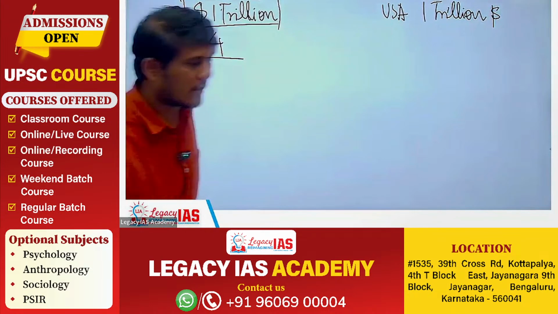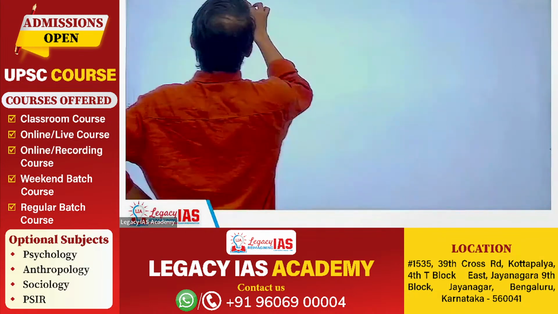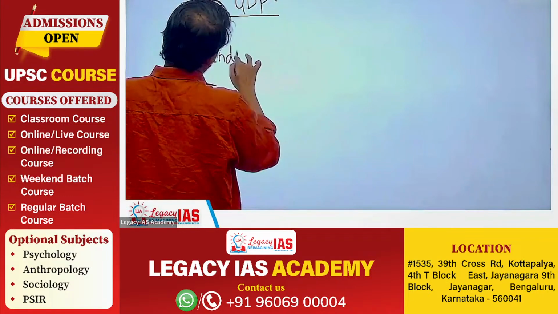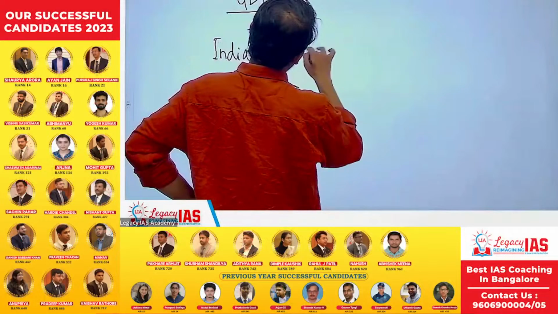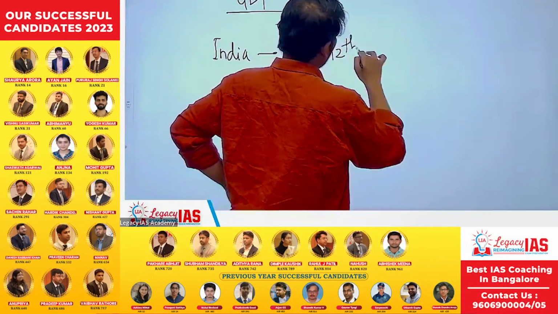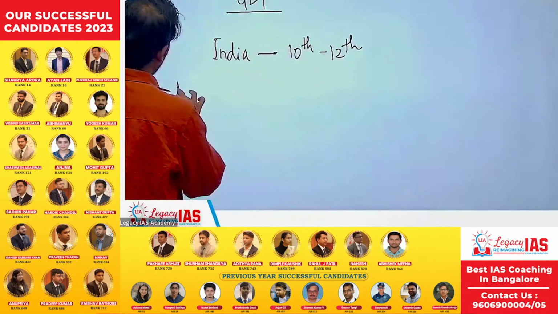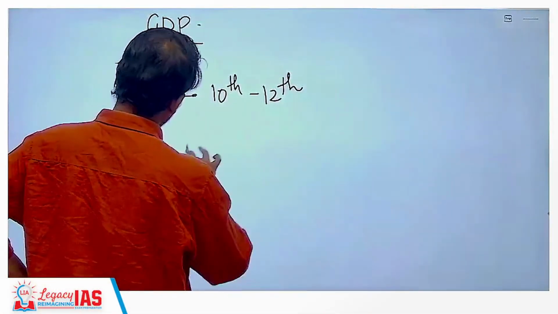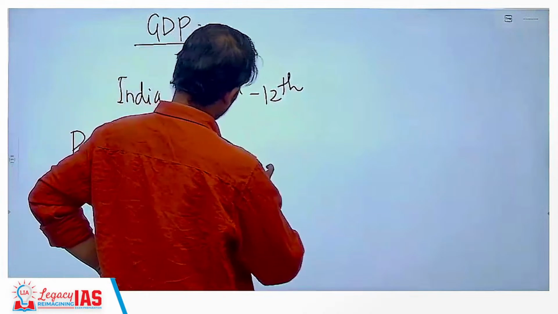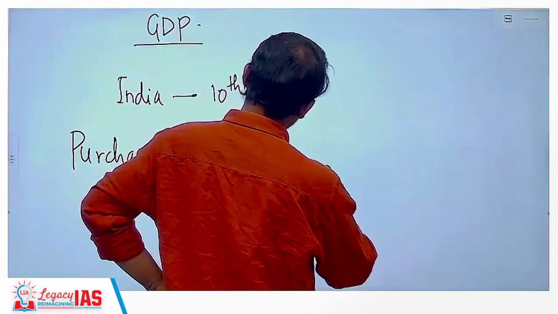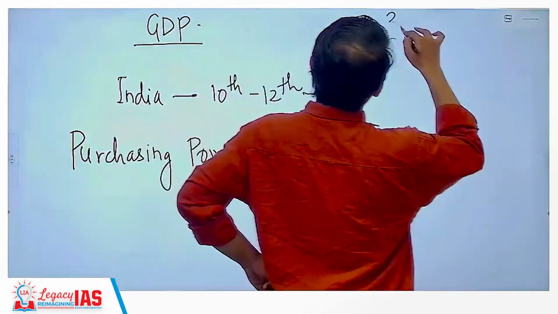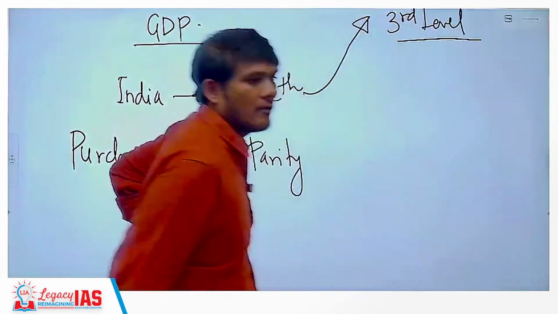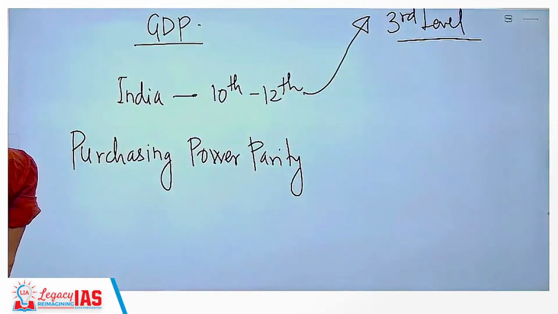समझ में आया logic? So if you calculate GDP, India would be at around 10th or 12th position. But the moment you take the purchasing power parity concept, India goes to 3rd position. ठीक है?